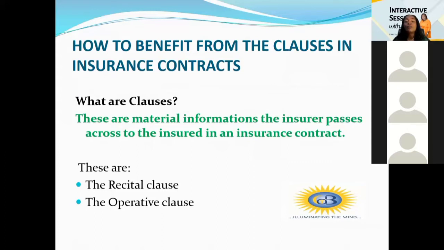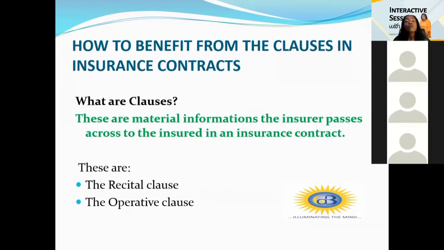If you remember the time we talked about the principle of utmost good faith, when we were discussing the fundamental principles of insurance, we said that the principle confers a duty on the insured to disclose all material information relating to the risk being brought to the insurance.